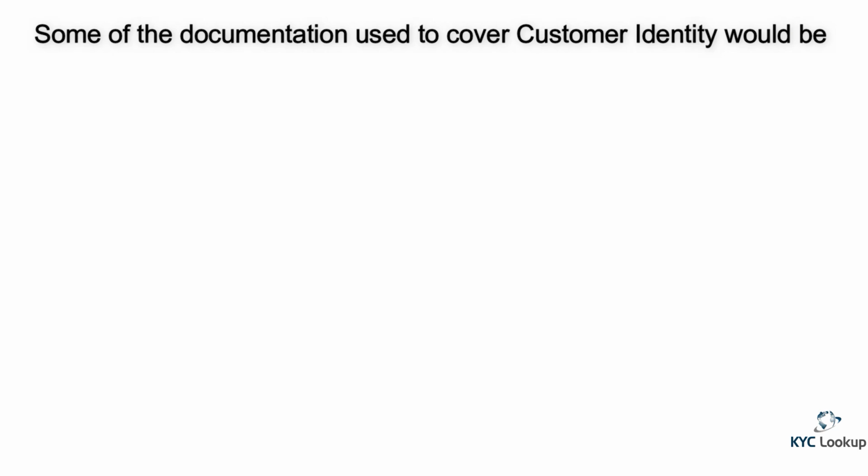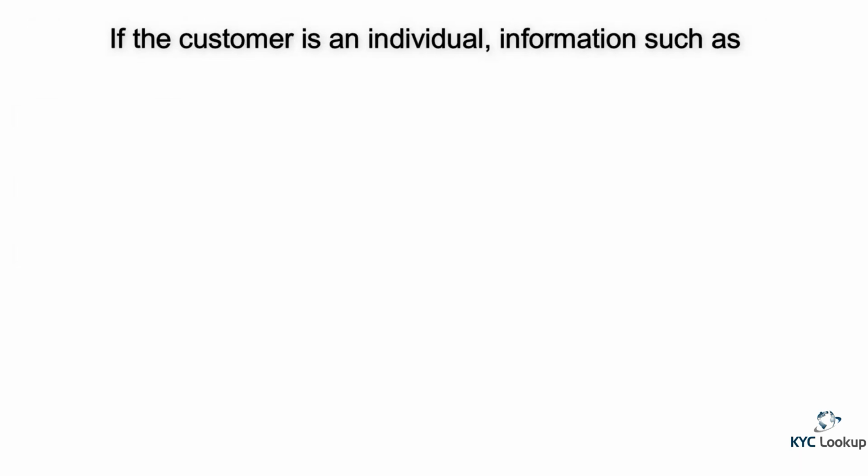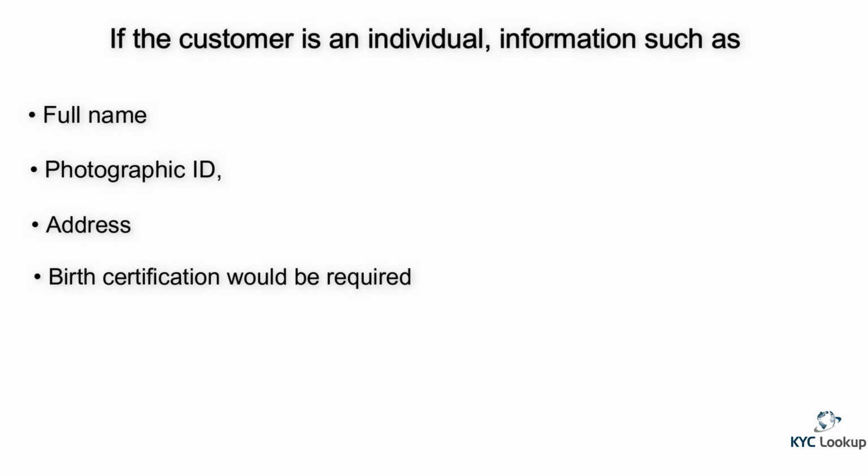Some of the documentation used to cover customer identity could be certificate of incorporation, articles of memorandum, registration and business address. If the customer is an individual, information such as full name, photographic ID, address, and birth certificate would be required.